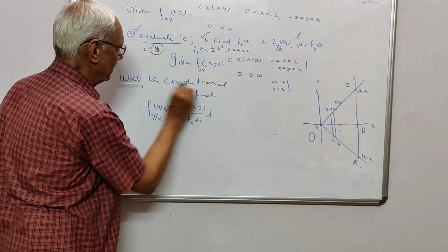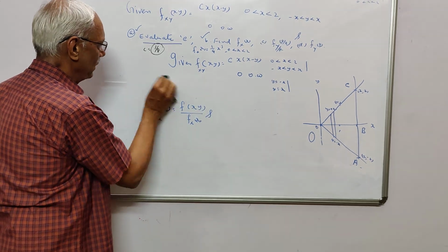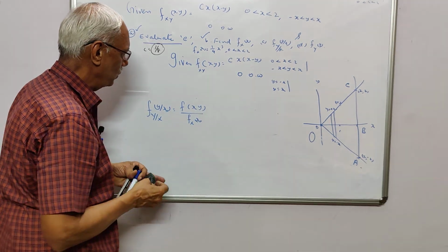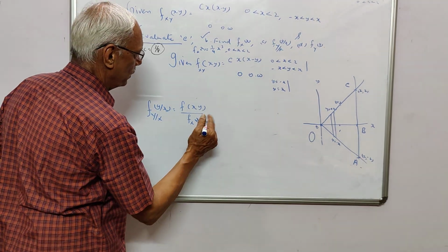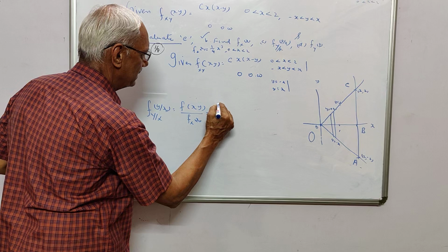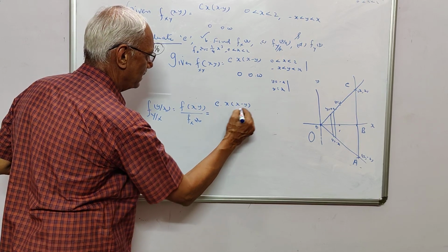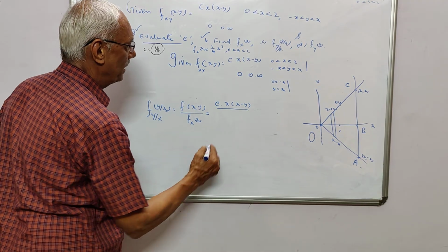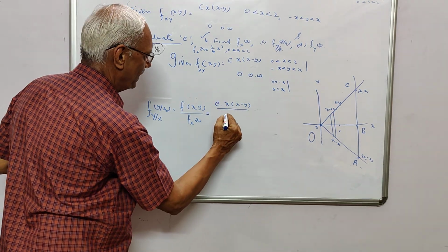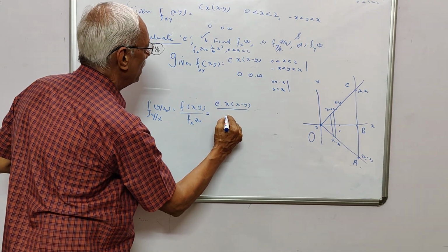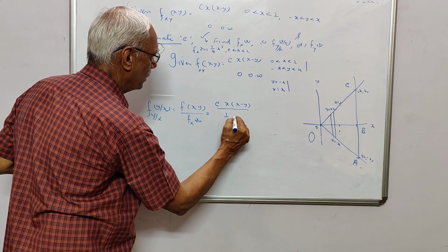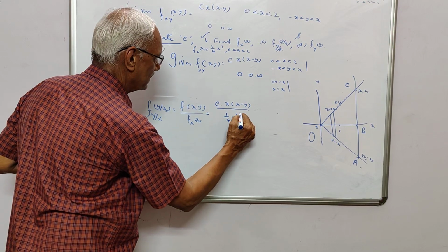So you see that we will find the value of this. Now what is this? So this is equal to f of xy divided by f of x. What is your f of xy now? It is c into x into x minus y, divided by f of x. F of x is nothing but 1 by 4 into x cubed.